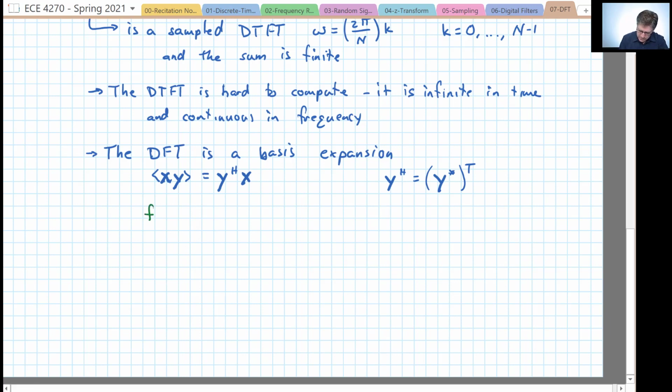First, for orthogonal vectors, let's assume we have some basis set, and the set would be V indexed by i.